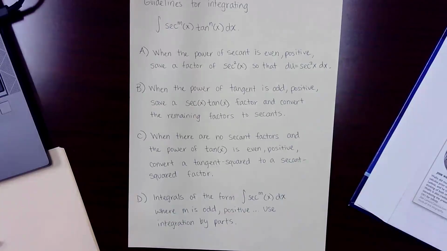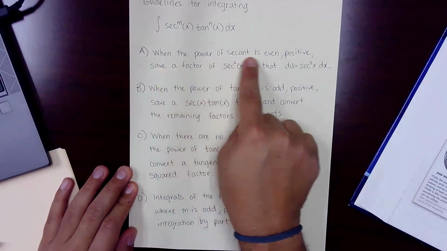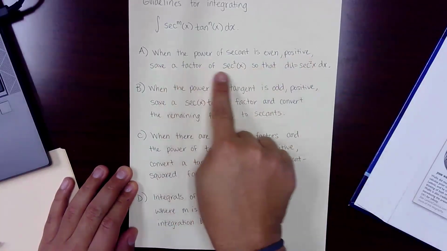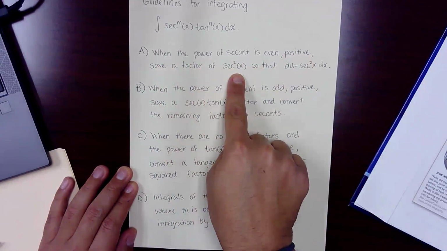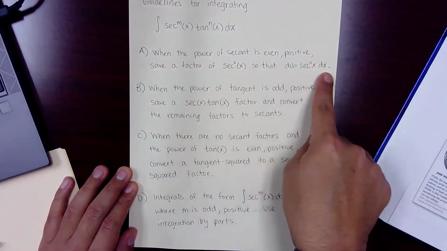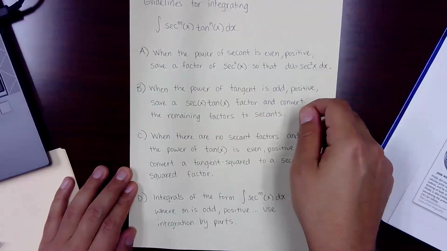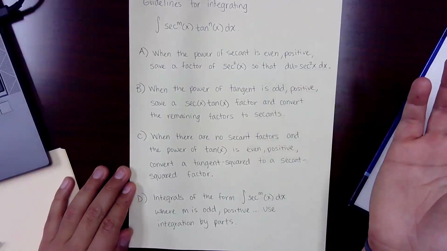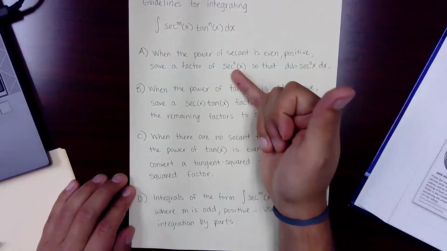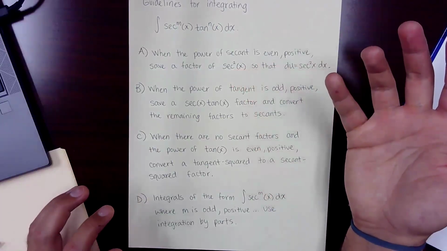And that is when the power of secant is even and positive, what we want to try to do is save a factor of secant squared x so that we can define du to be secant squared x, because secant squared x would just be the derivative of tangent x, right? So in that case, we want to save a factor of secant squared x so that we can write our integral in terms of tangents. Okay.